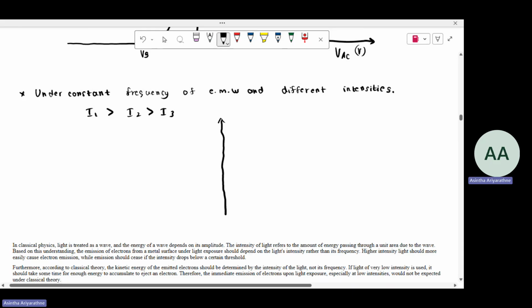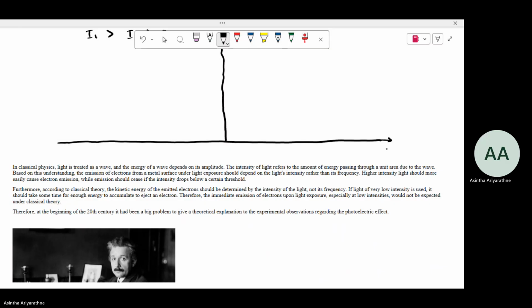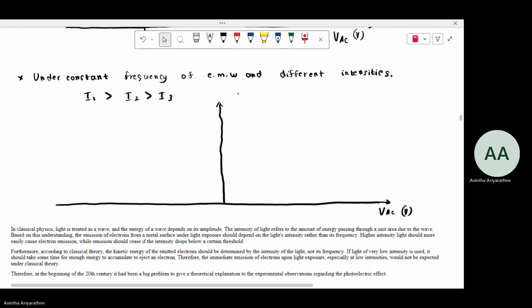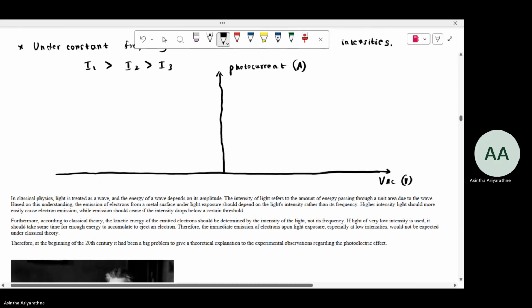So the graph of the photocurrent would vary like this.